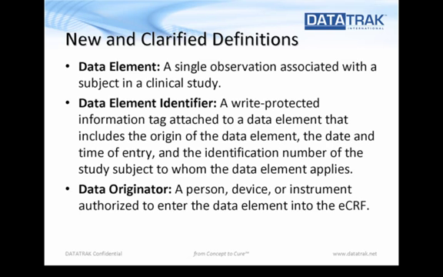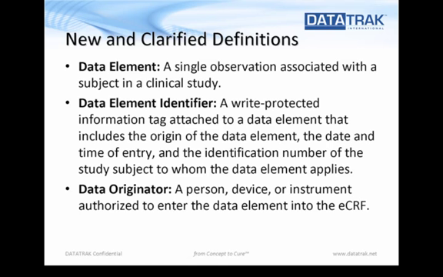Regarding the data that is entered into the system or entered into the eSource, FDA wants to identify what elements and what specific identifiers need to be captured for each piece of data. So they have these 3 definitions in the guidance. The first is data element. This is going to be a single observation associated with the subject in a clinical study.